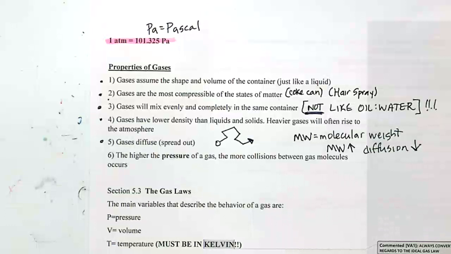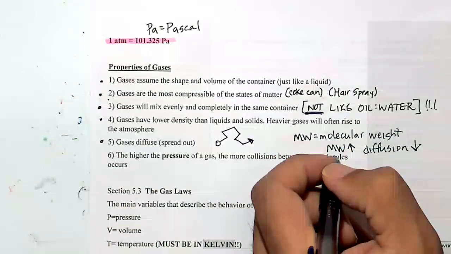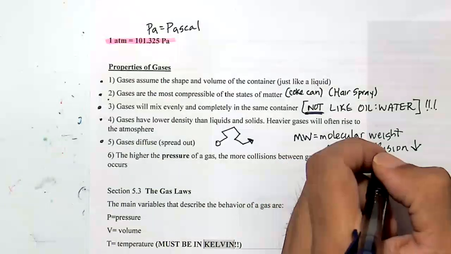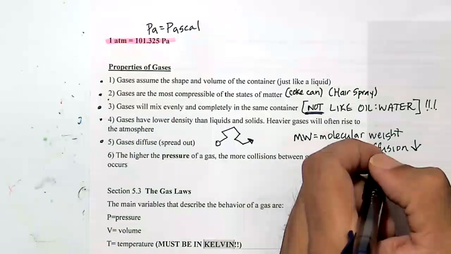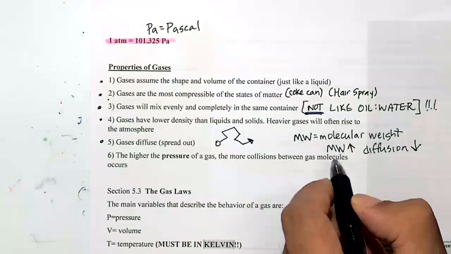If you're a big bulky gas, you're not going to move as fast. Just like our track team, they are really lightweight, so they are super fast. A gas which has a large molecular weight will not diffuse as fast. Its rate of diffusion will not be as fast.